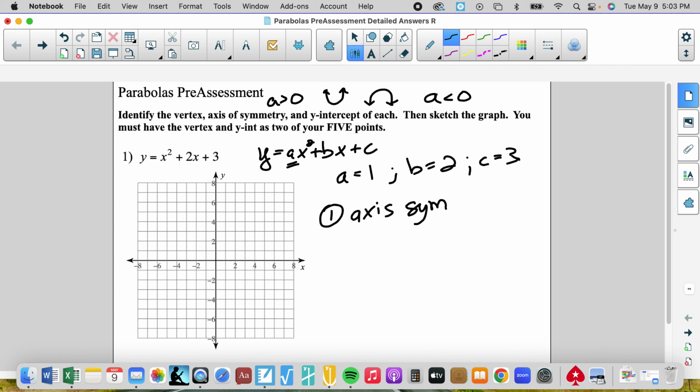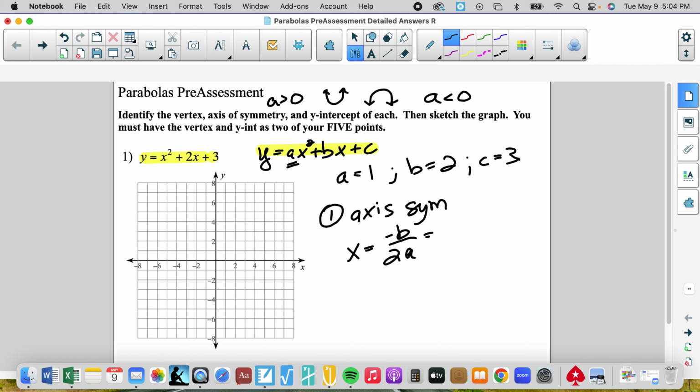I won't always find the axis of symmetry first, but when I'm provided the equation in standard form, and I know it because it mirrors this template, I'm going to find the axis of symmetry first. And the axis of symmetry utilizes this equation.